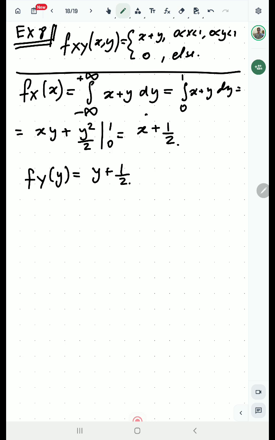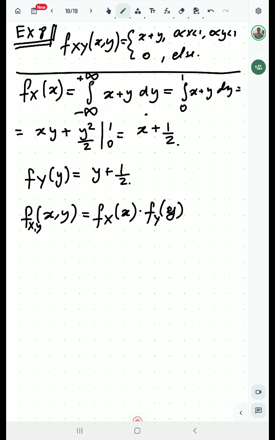So now we have to check whether the joint density can be shown as the product of these two marginal densities, but it is actually not the case. If it were, this would imply independence.